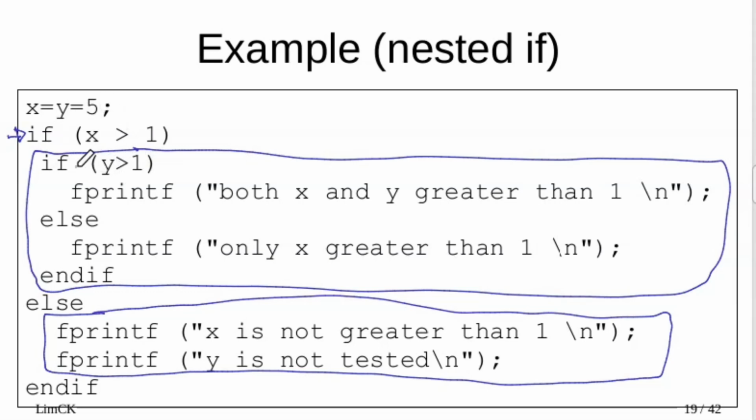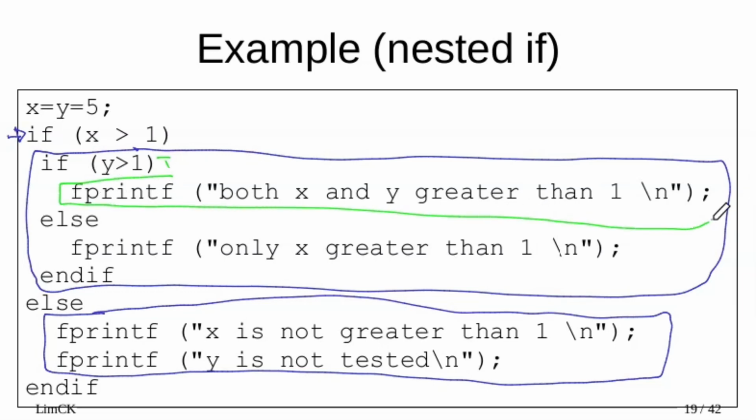So the inner if is true, so it will execute this line. If this one is false, then it will go to else to execute this one. But since this is true, this one will not be executed. This one too will not be executed as well. This is the only output you can see in the program.